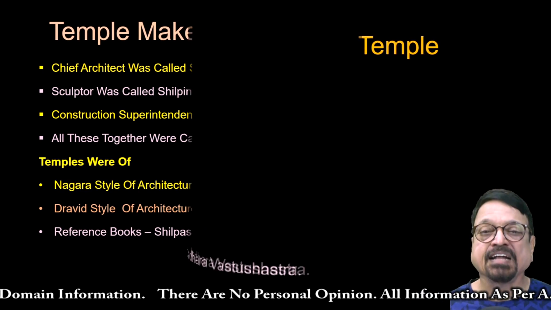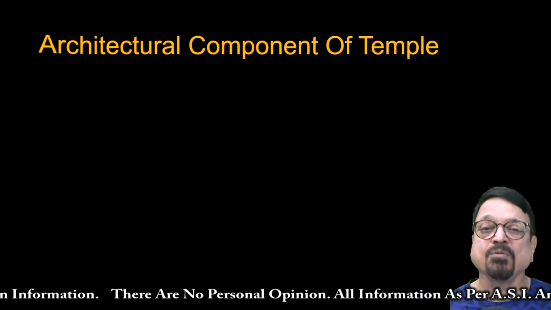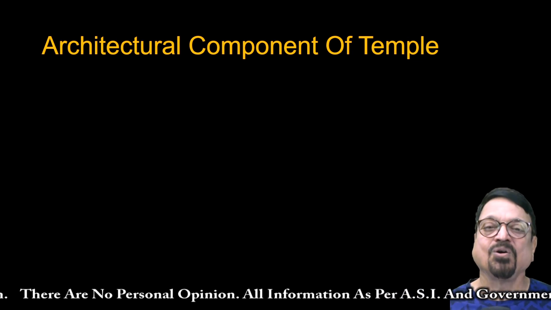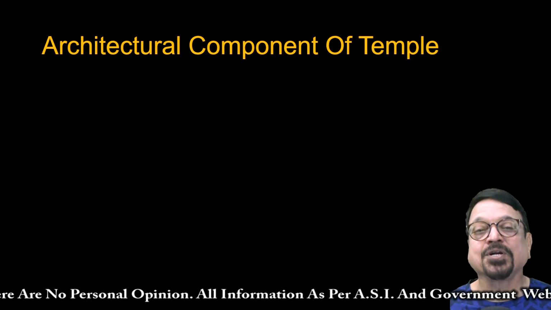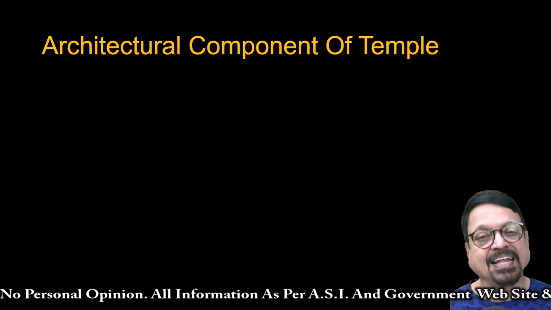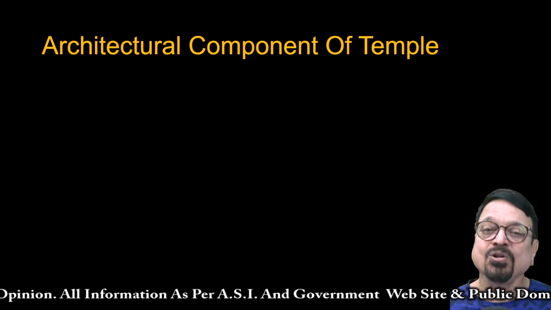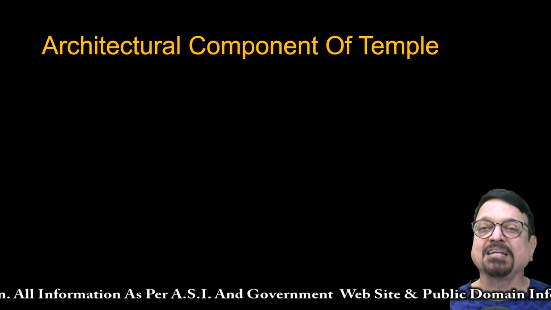So these were reference books. But not only these, there are a lot of books on Vastu Shastra and temple architecture. All were referred to and all were implemented. There are also some laboratories, which were seen in Pattadakal. It is called a laboratory because we have seen a lot of experimentation, a lot of different temples here.